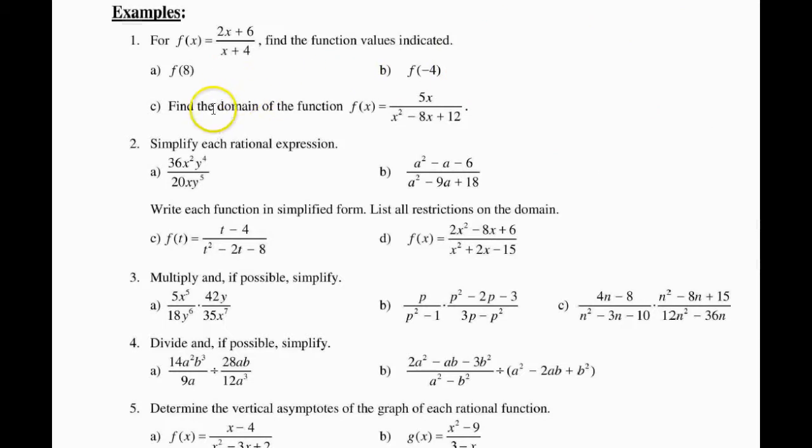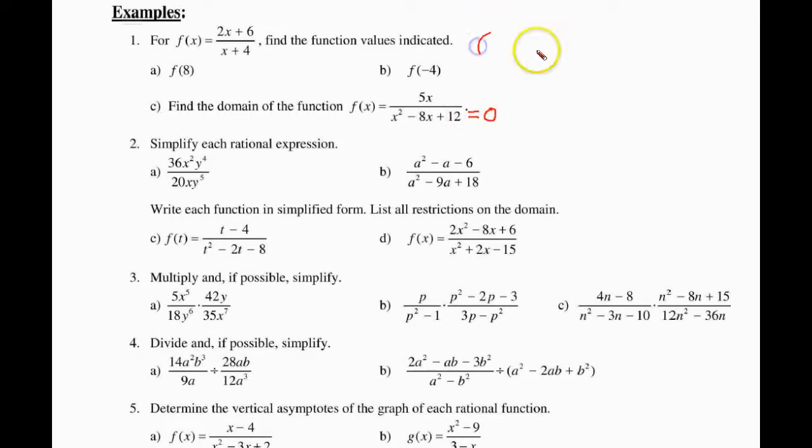Now we've done these before where we are asked to find the domain of the function. And basically it's just to equate the denominator to a 0.